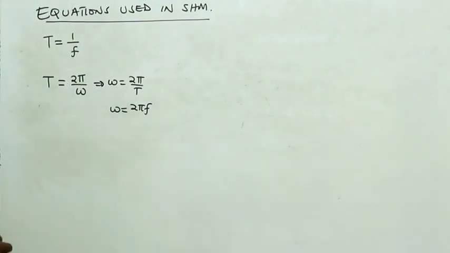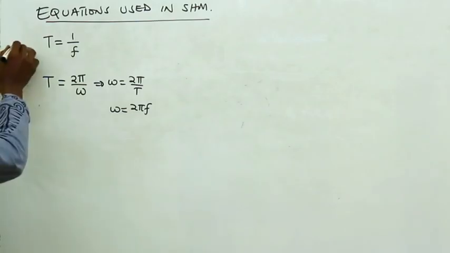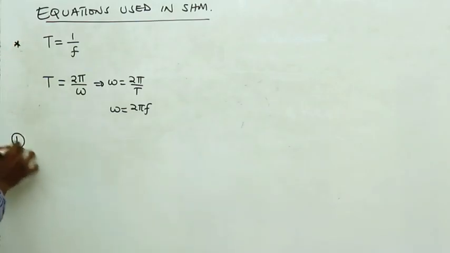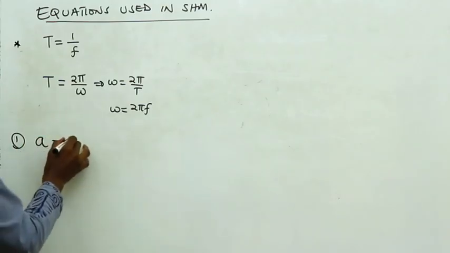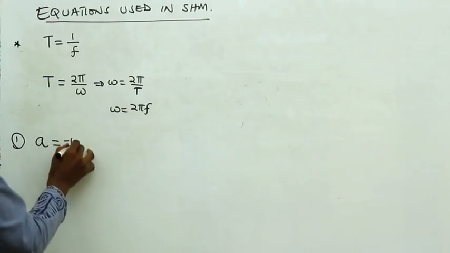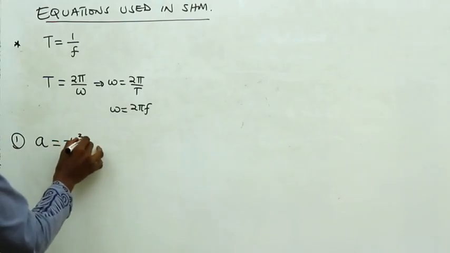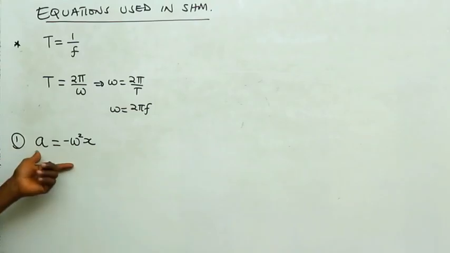The most important equations that I want us to know, these are the basic ones. The first one is the one that relates acceleration and the displacement. Acceleration is equal to negative omega squared x. This is the most important equation in simple harmonic motion.